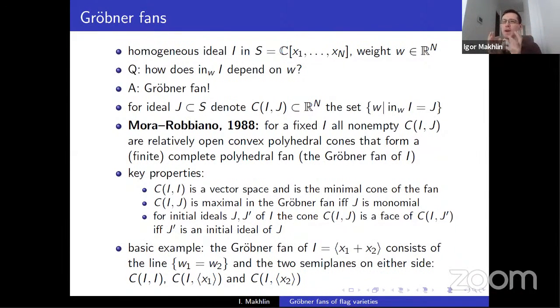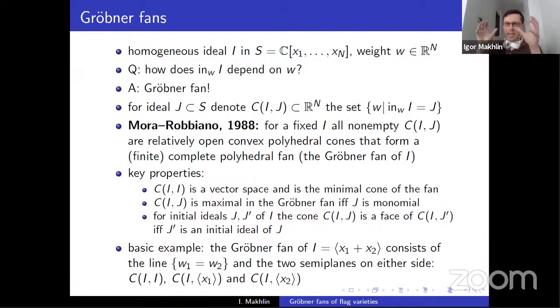This shows why they are cones, in the sense that they're invariant under multiplication by positive numbers. But why they are polyhedral and why they fit together to form a fan is more tricky.